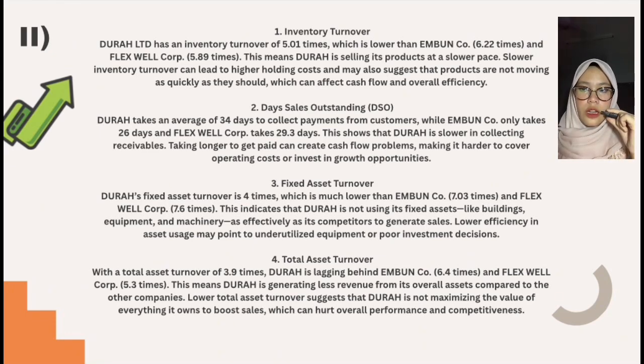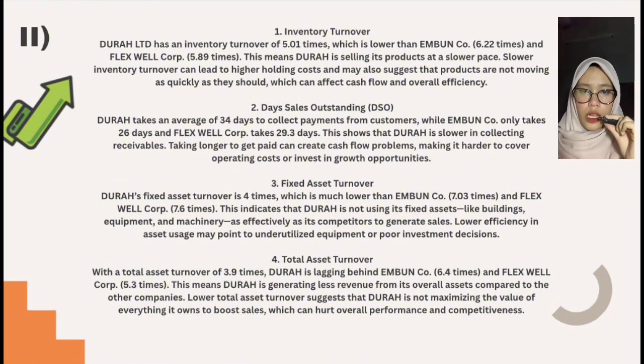So for the last ratio, which is total asset turnover, with a total asset turnover of 3.9 times, Dura is lagging behind Ambon Co, which has a total asset turnover of 6.4 times, and Flexwell Corp has 5.3 times.